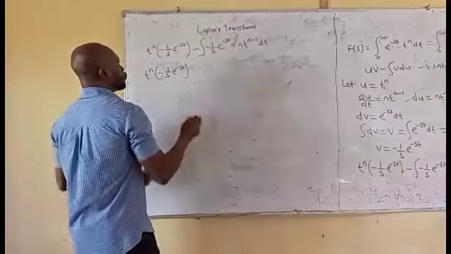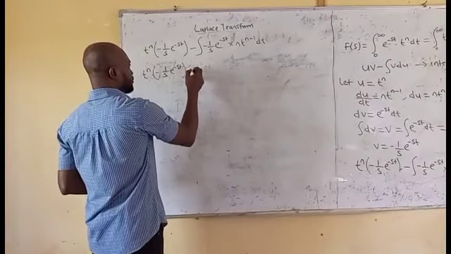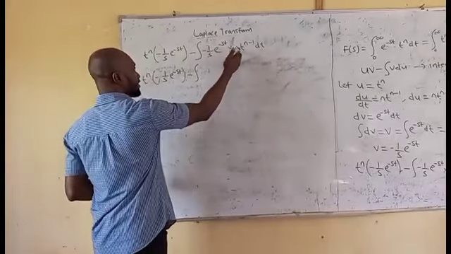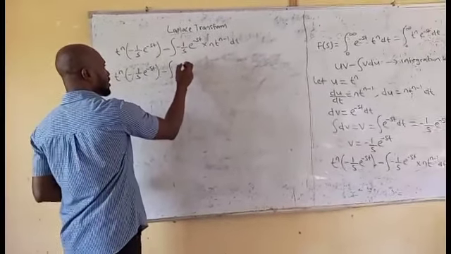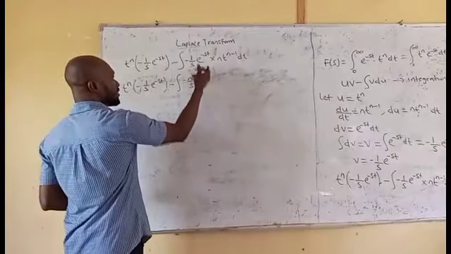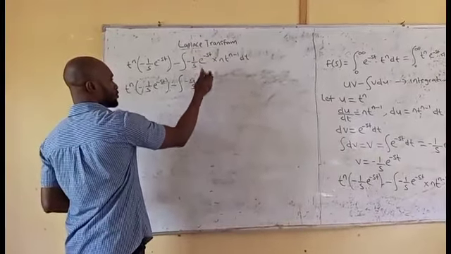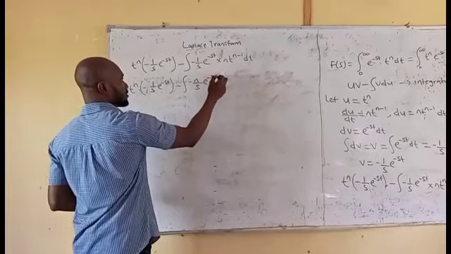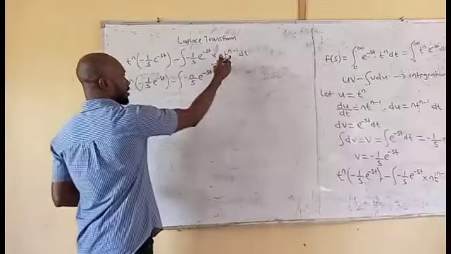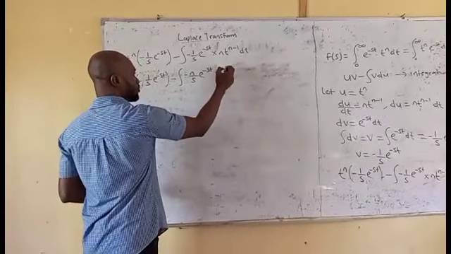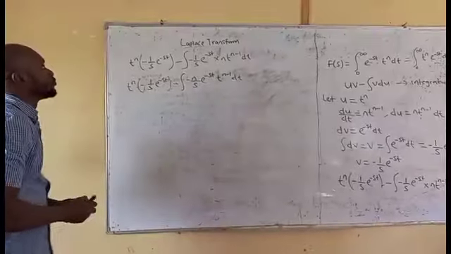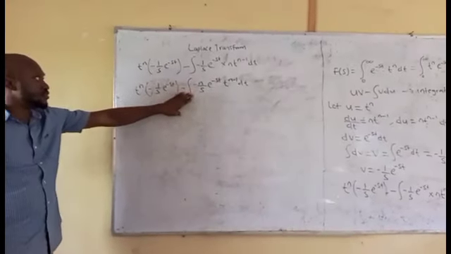S. So you will now have minus into integral of this by this. N times minus 1 gives you minus n over what? S. Then you now have the integral, you have your exponential raised to the power minus st times this n is now your n here. So you are left with what? T raised to the power of n minus 1 times what? The dt. So we are going to have it this way.